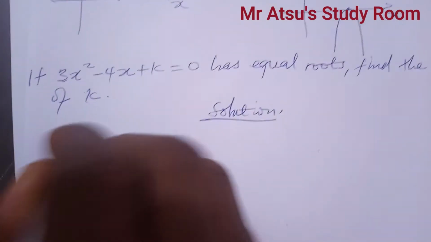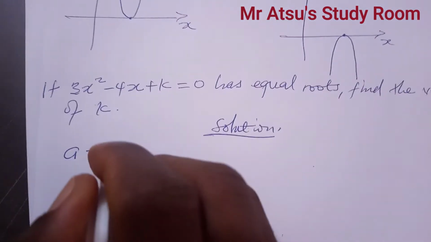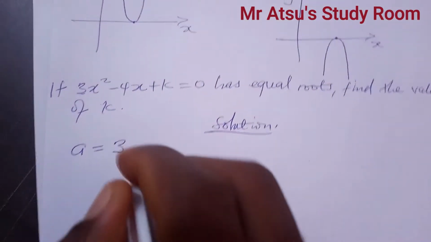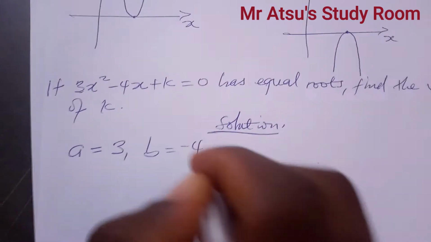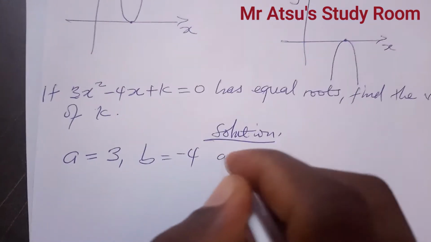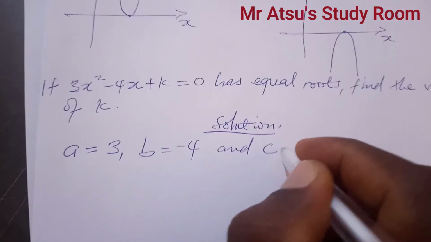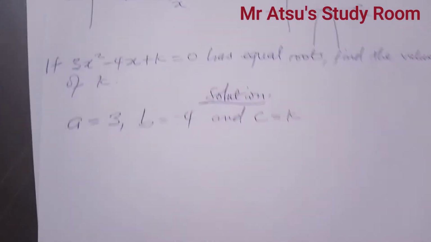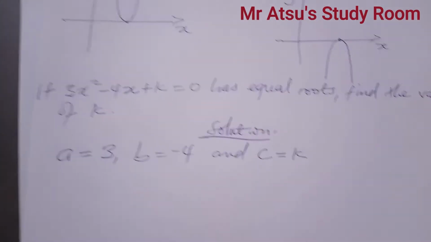What we are going to tell ourselves is what the a is. Our a is 3, the coefficient of x squared. Our b is -4, and our c is what? k, the one without any x attached to it.